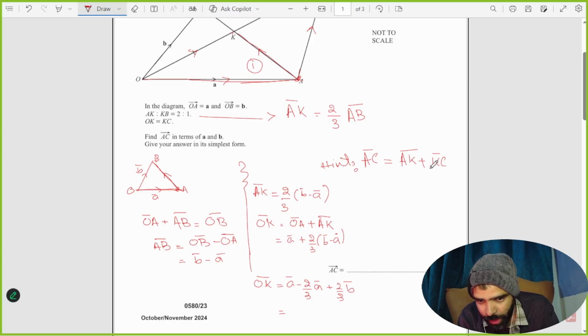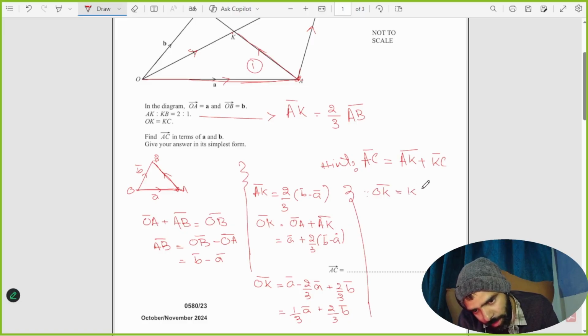So OK is same as KC. We will just add these two and we'll get AC, because it's clear that to find AC we need to consider triangle AKC. So it's 1 over 3A plus 2 over 3B, right? And we have found OK. Now since OK is same as KC, AC is equal to AK plus KC.